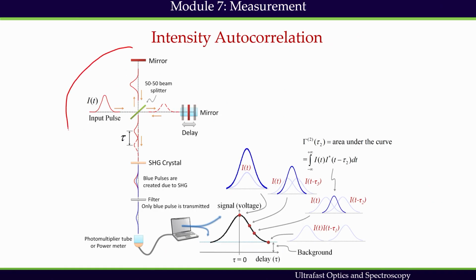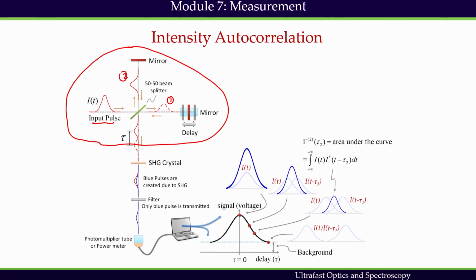This is a configuration of a Michelson interferometer where we have two mirrors and one beam splitter. The input beam is split into two identical pulses, 1 and 2, with the help of a 50-50 beam splitter. And then we place this mirror on a motorized stage.